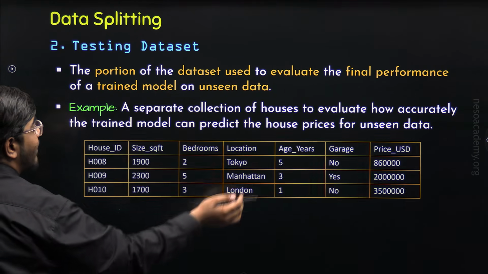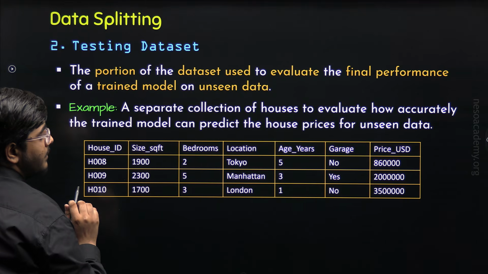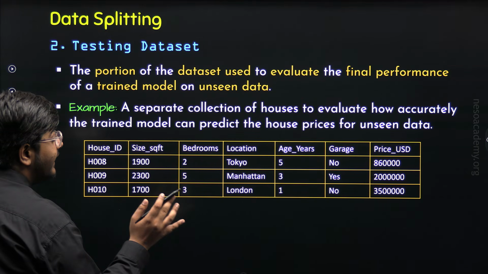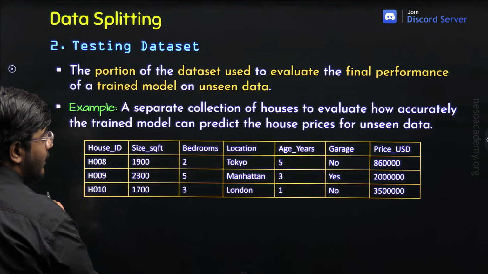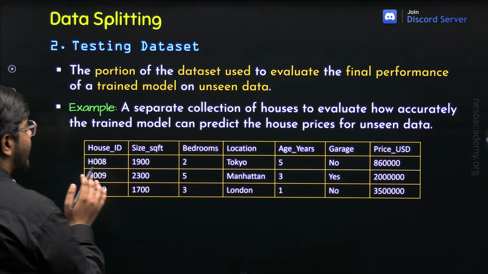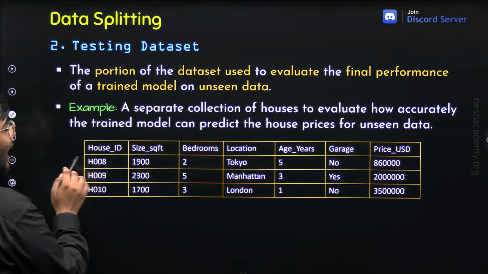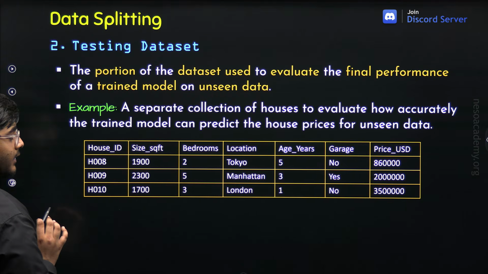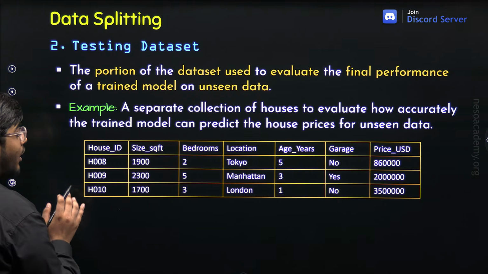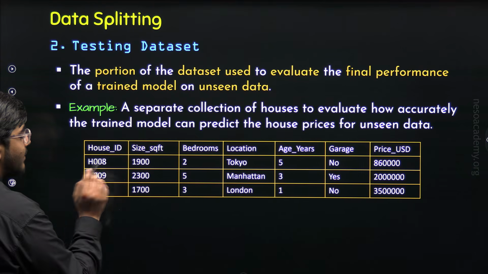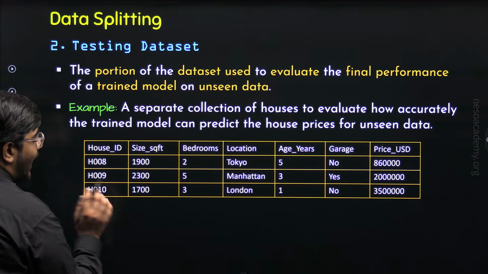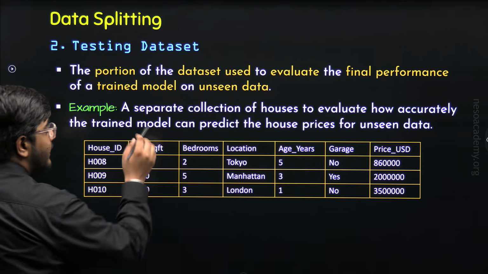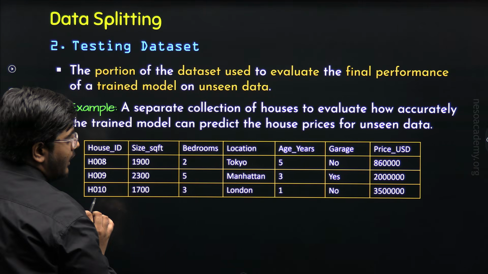Now this time we are having a separate collection of houses. This data is completely different from the training dataset. In the training dataset, we had the house data for house number 1 to house number 7. And here we have the data for 3 new houses, house number 8, house number 9, and house number 10. That means this is a separate collection of house data.